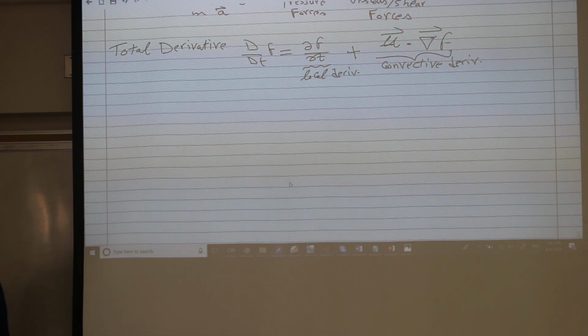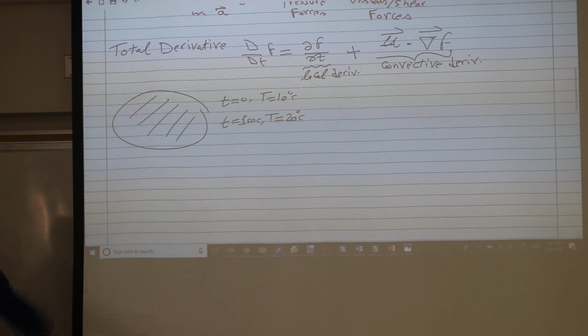Maybe temperature. If we have some domain, let's look at the temperature field. At t equals 0, the temperature equals 10 Celsius, and at t equals 1 second, the temperature equals maybe 20 Celsius, and the temperature is equal everywhere. There is no spatial variation of the temperature.